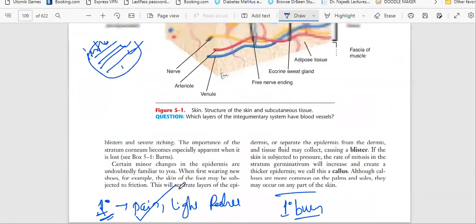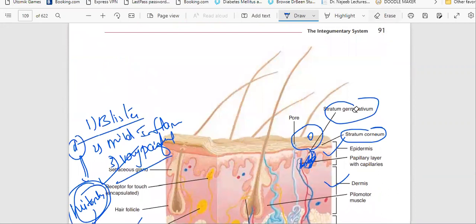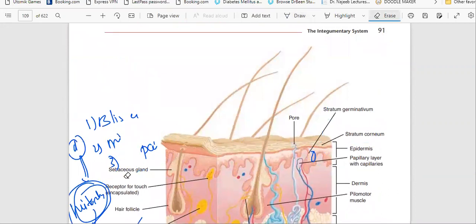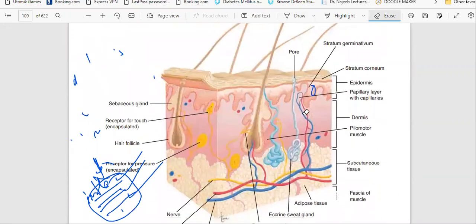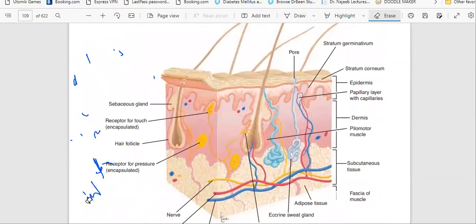In the third degree burn, from hot water or, in most cases, electric shock, the electric shock will enter into our dermis region.